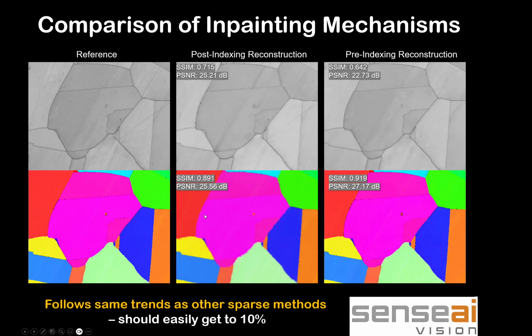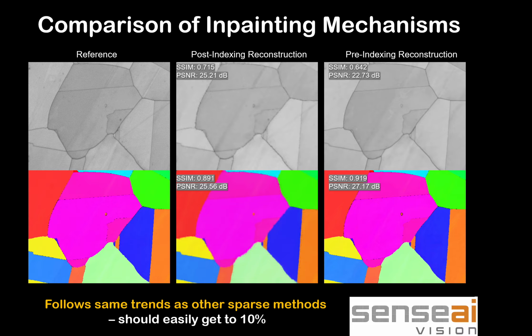Okay, so we can get the high quality out of that, and these results are following the trends that we've got from every single reconstruction we've ever done with sparse sampling, and it says that as long as we keep above 10%, we'll get a lossless reconstruction, very high quality. Now, that's not to say that you can't go below 10%. I showed a result for 4%. The problem is that you just have to be a little bit more careful in the reconstruction, and you might lose a little bit of information in getting to that point.